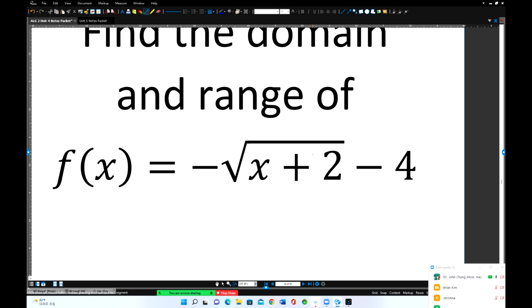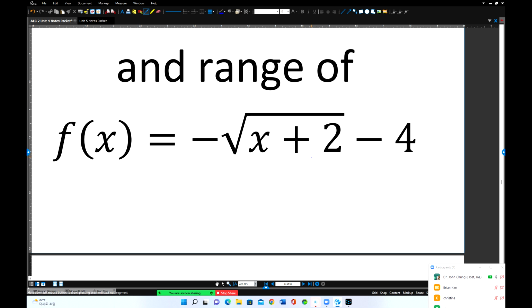Okay, find the domain. Now we have a negative sign there. The negative sign means the graph is reflected across the x-axis. Where is the starting point? The starting point is negative 2. Inside, we need to take the sign as is, except the negative part, the rest is the x value.